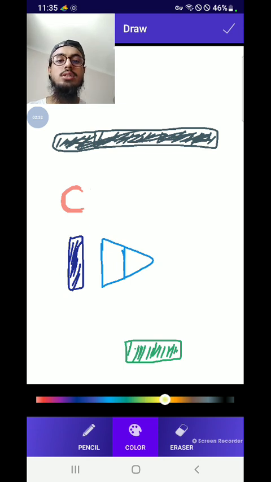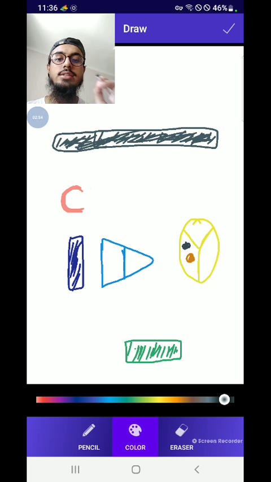So the next structure, which I draw here, is the thalamus. Here are two nuclei of the thalamus: the ventrolateral nucleus and the ventroanterior nucleus, okay guys.